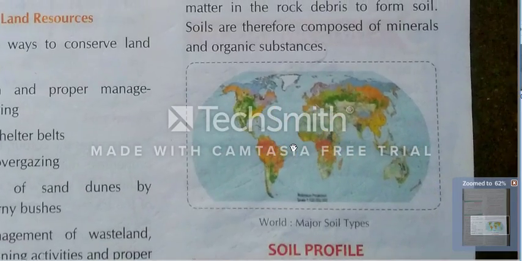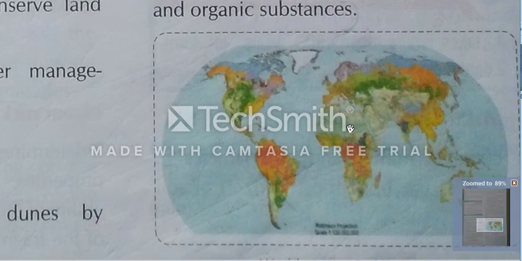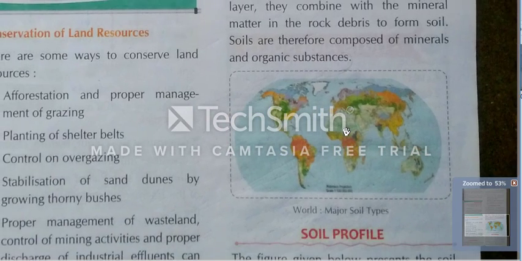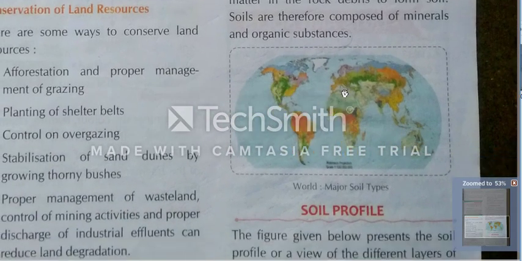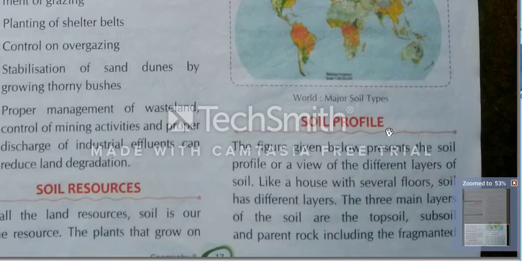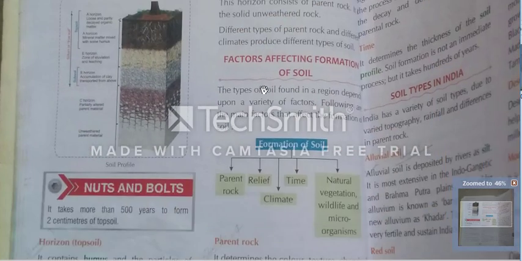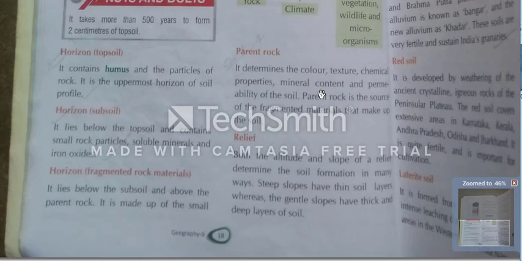On the screen you can see a world map, and here you can see major soil types shown with different colors. Clear? Now we have completed till here, and the remaining soil profile and the remaining things we will discuss in the next video.